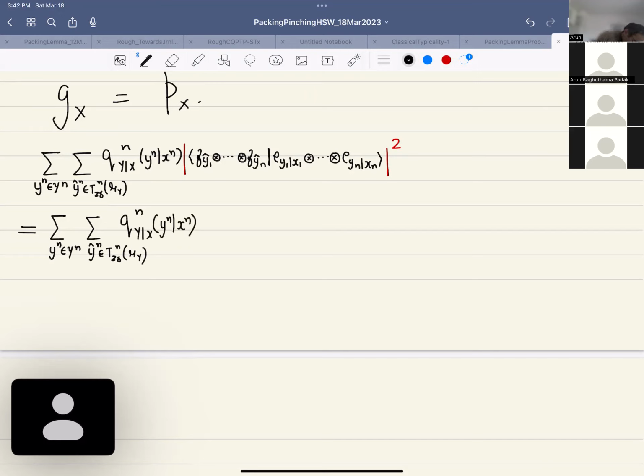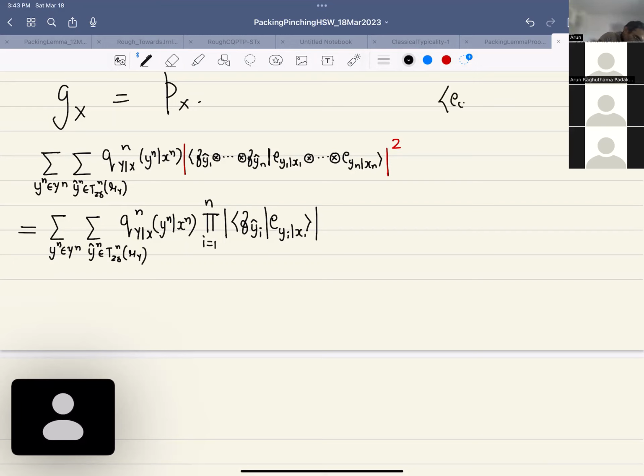Can I write this as the product over i equal to 1 through n of f y hat i, g yi given xi, e yi? All that I'm doing is that the norm of that big tensor product, I'm writing it as the product of each of the norms.